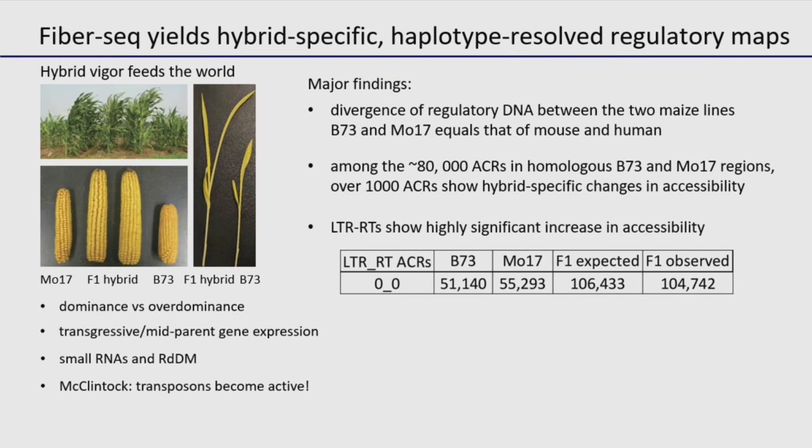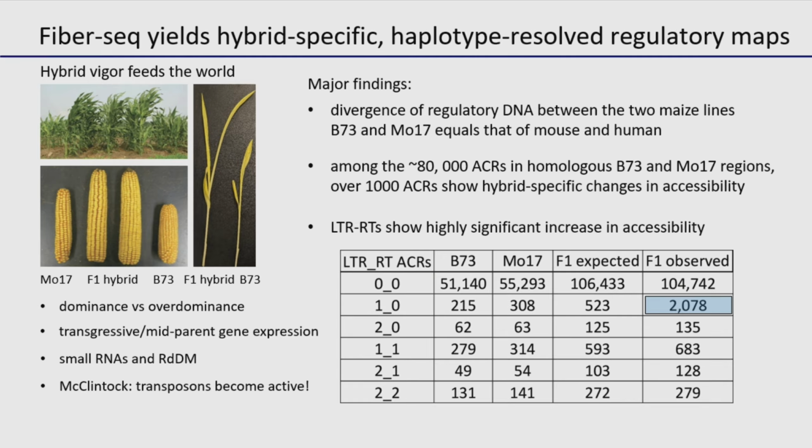What happens with transposons? Turns out that Barbara McClintock was right. So what I'm showing you here are the expected number of silent retrotransposons in the F1 versus observed. You can see that these are going down, and these are the expected and observed numbers, again, for the LTR retrotransposon ACRs that are indeed active.